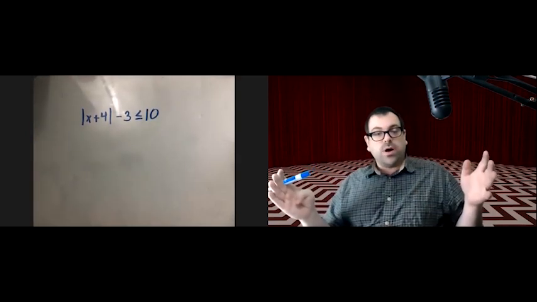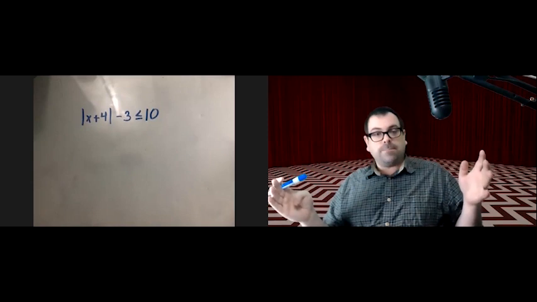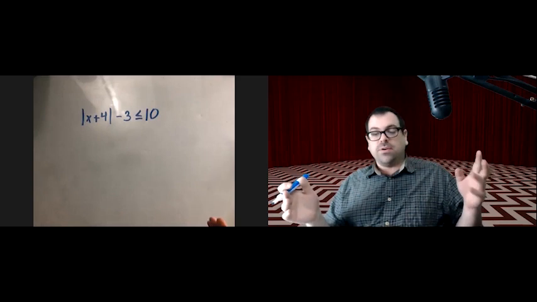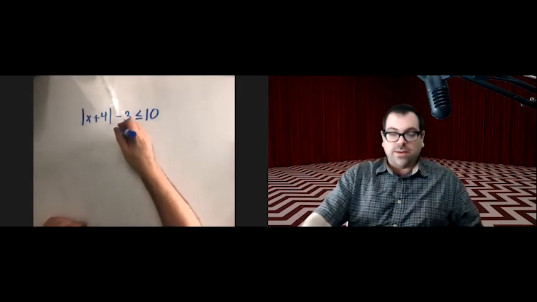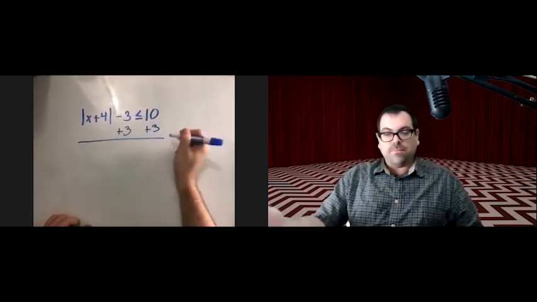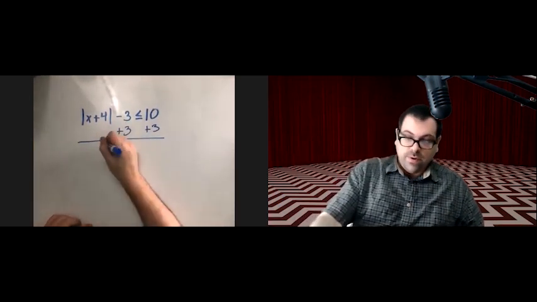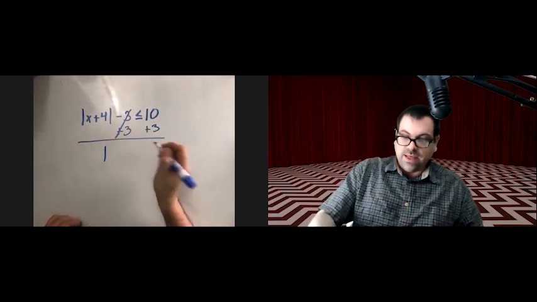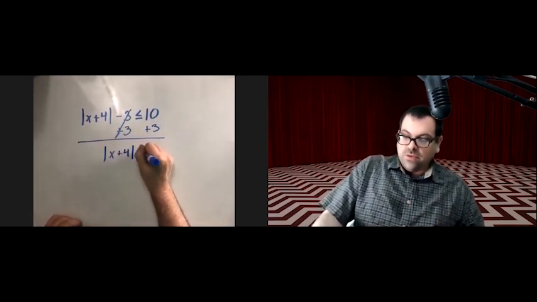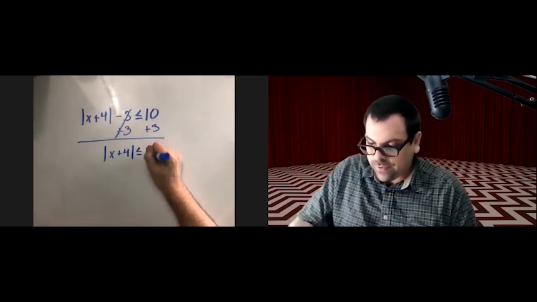What is step 1? Isolate the absolute value. Add 3 to both sides. Why? Well, because then we have absolute value less than or equal to 13.